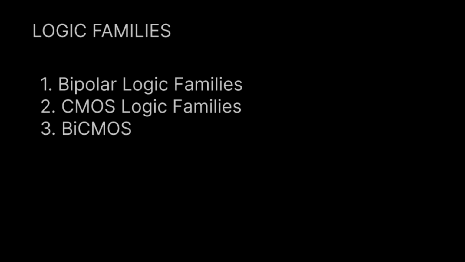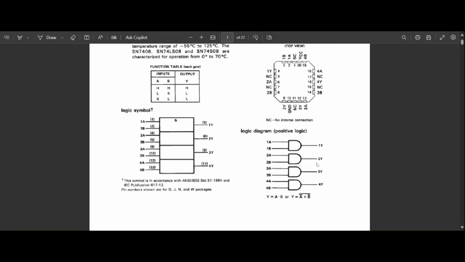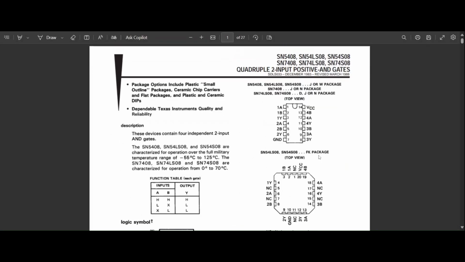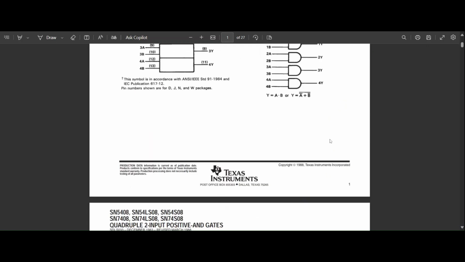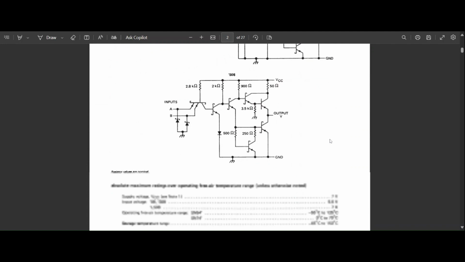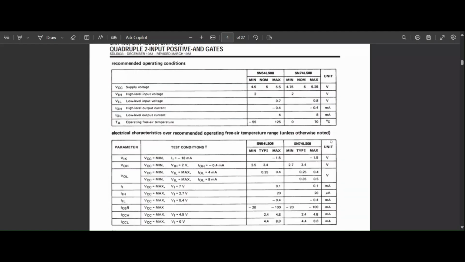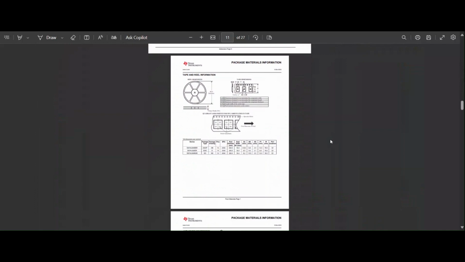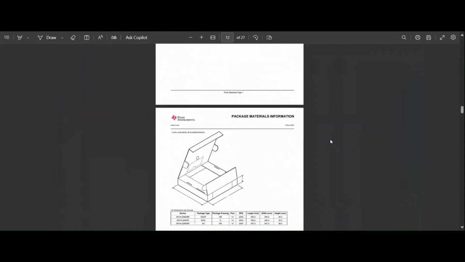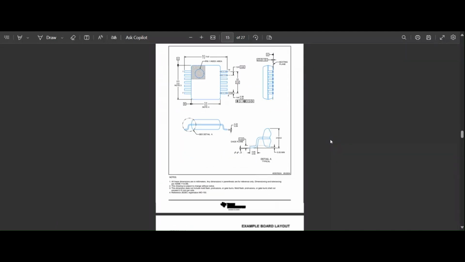If you had a chip like the LS08 that we just saw, we can go to the manufacturer's website and get more information about it. For example, the 74LS08 is made by Texas Instruments. When you go to their website, we can see information about it, including the part number, the different form factors, and we can even get the pinout and more information about the chip, including how it works and even the internal schematics of the chip.